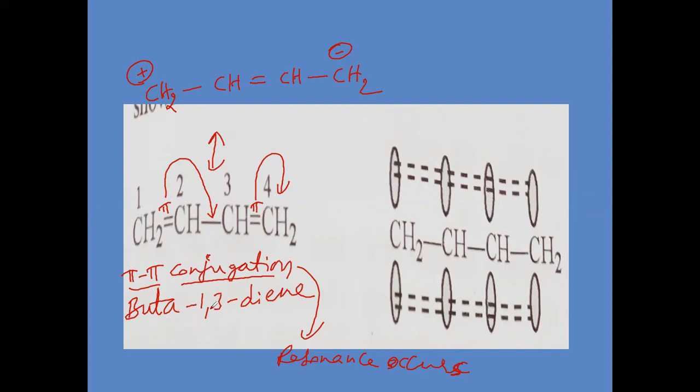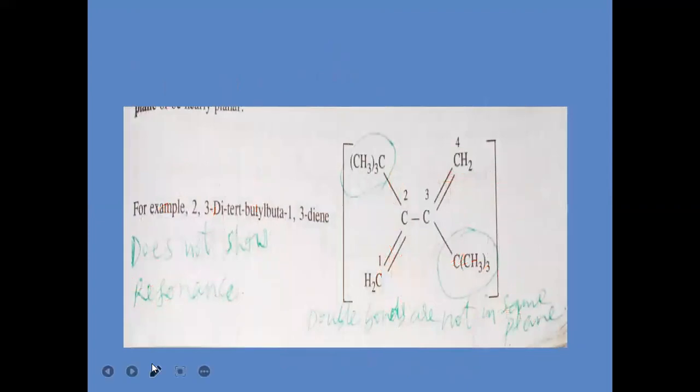In this buta-1,3-diene molecule, resonance occurs due to pi-pi conjugation, meaning the electrons will be moving through all the orbitals. Here sp2 carbon, sp2 carbon, sp2 carbon, sp2 carbon. In every sp2 carbon there is one p orbital, and among all the p orbitals the pi electrons will be displaced and moving. So this is resonance. Is that clear now? It is the mesomeric effect.